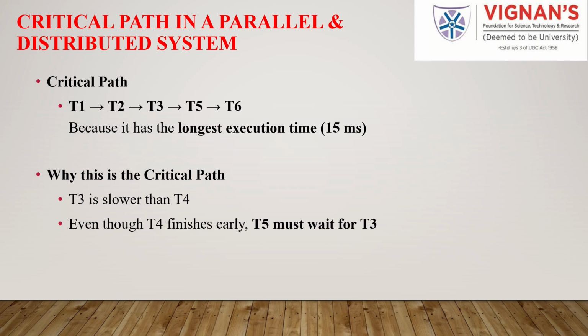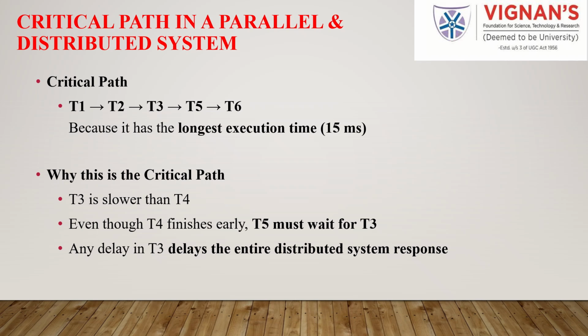As a result, T5 is forced to wait for T3. Any delay in T3 directly increases the total response time of the system. Therefore, delays in T1, T2, T3, T5, or T6 will delay the entire distributed application response, making this sequence the critical path.